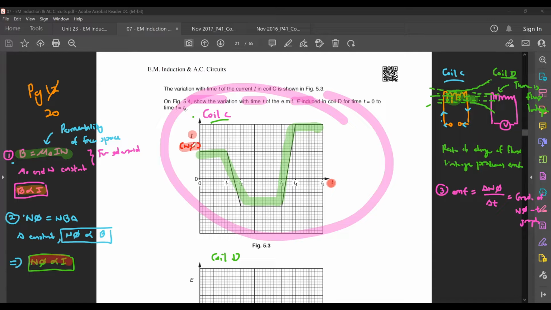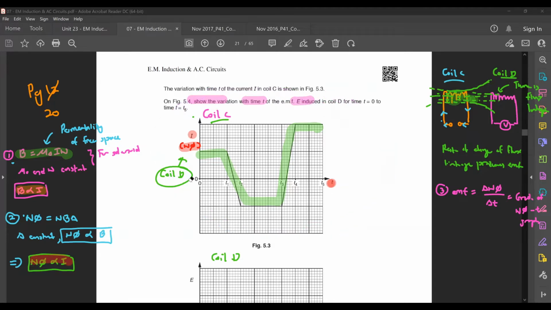This flux linkage over time graph is the flux linkage in coil D itself, because just now I mentioned that whenever you produce your magnetic field here, provided your coil D is situated close enough to coil C, the magnetic flux here will link to the adjacent coil. So your coil D is experiencing a change in flux linkage, therefore you're going to have EMF induced. So here you know that your EMF is actually your gradient.